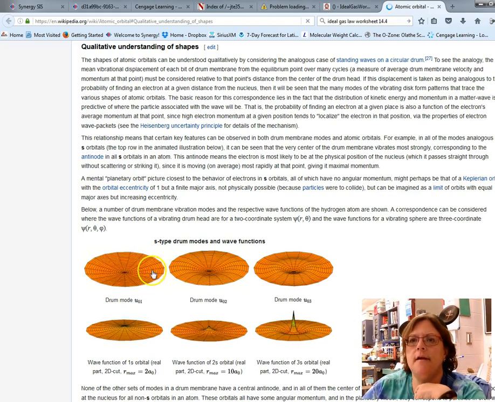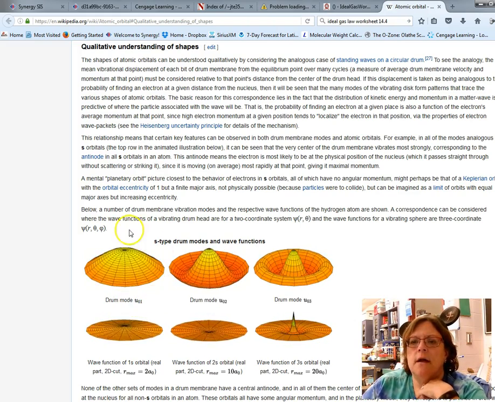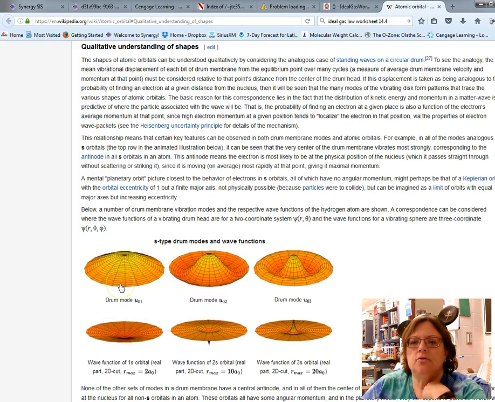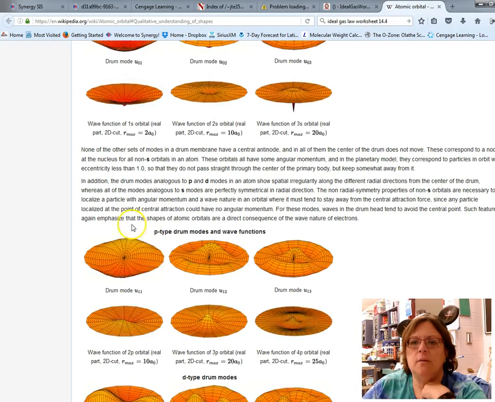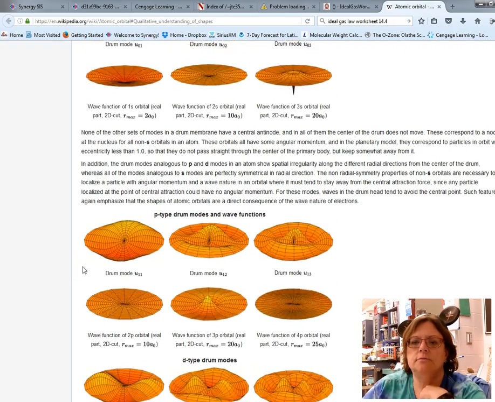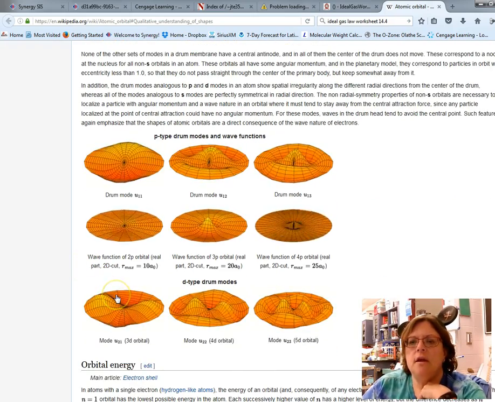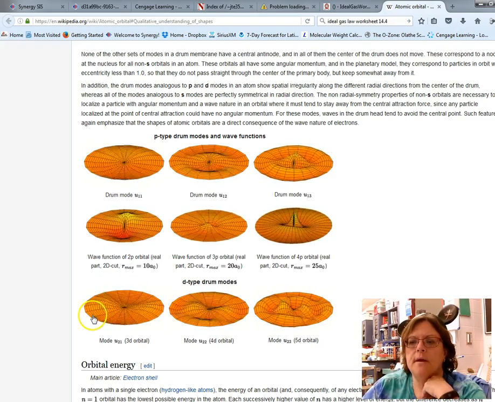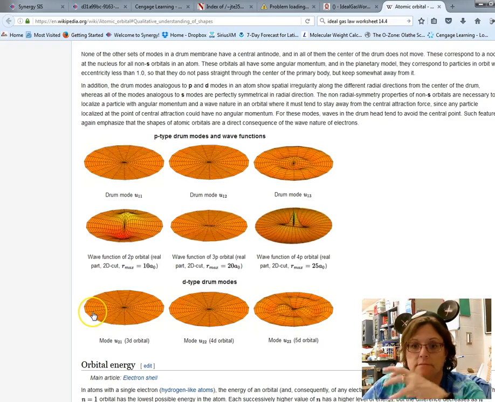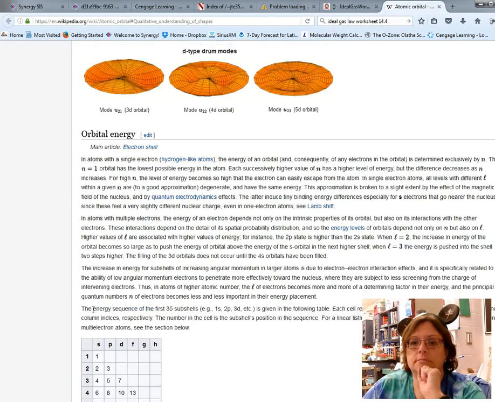Alright, yeah, it worked. S orbital, you get a circular shape because there's just one wave. P orbitals, you get the pinched dumbbell shape because there's two waves. The D orbitals, we get 4 lobes because there are 3 waves.